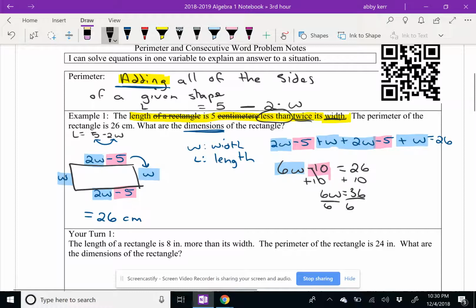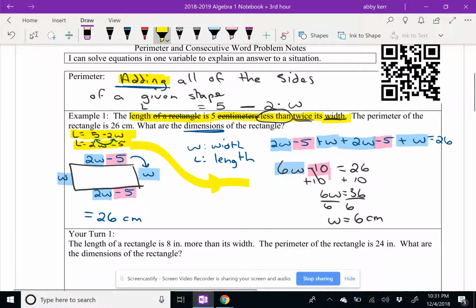Divide by 6. We are going to get the width is 6 centimeters. Now what you want to do with that is plug it back into this L equals. Notice that we have to switch it. I already mentioned why we do. So that is what we're going to bring back down.